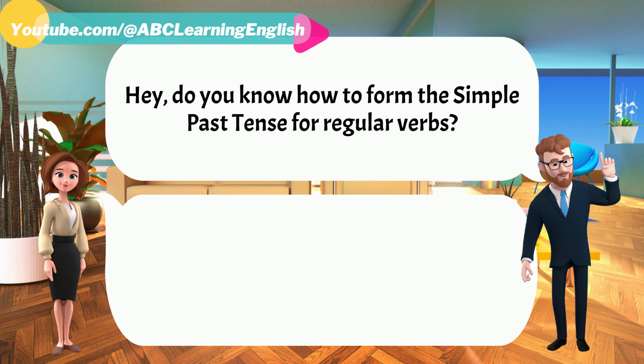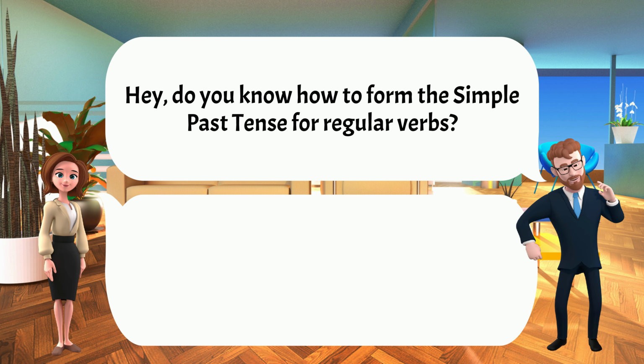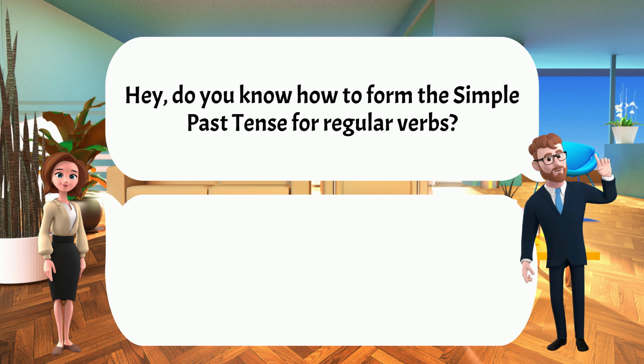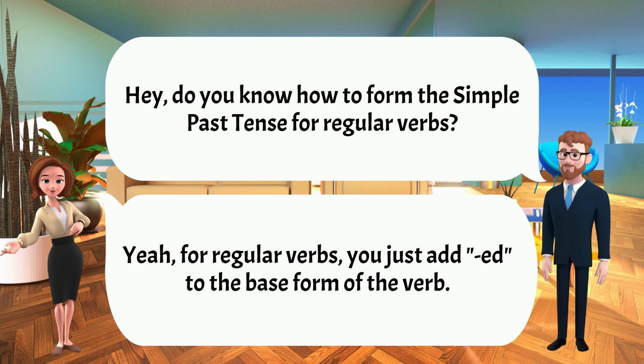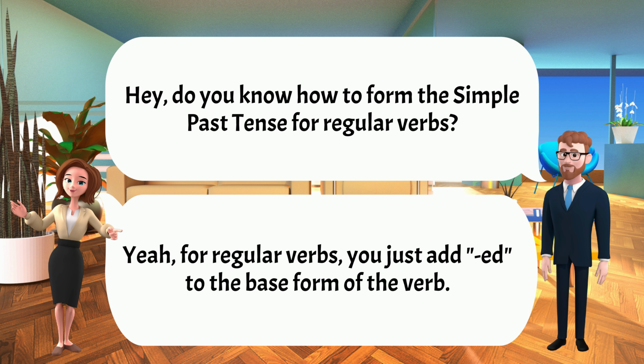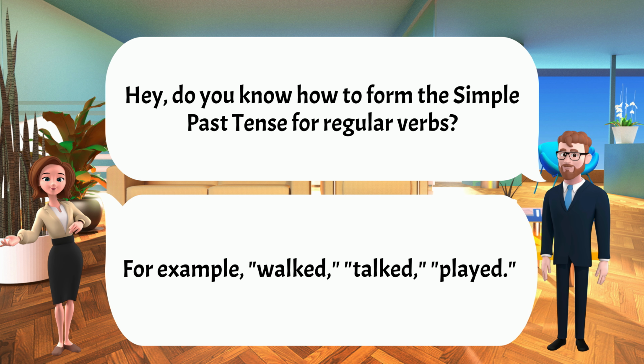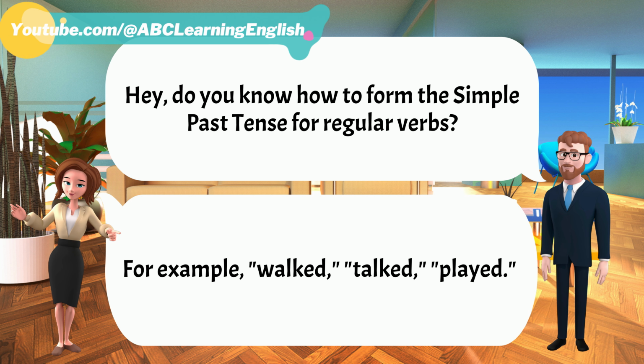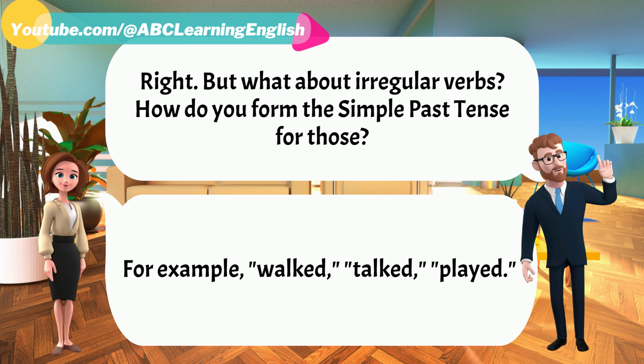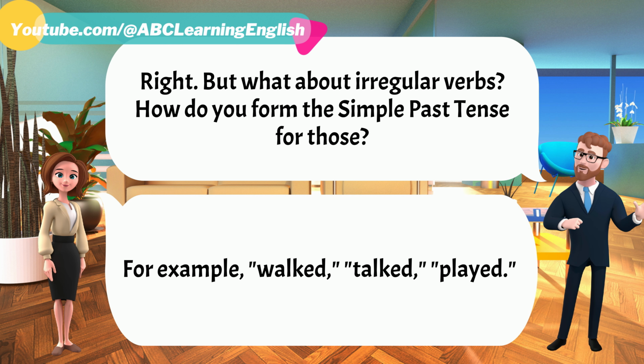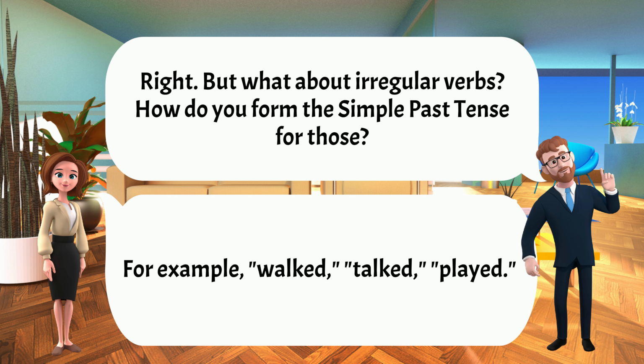Hey, do you know how to form the simple past tense for regular verbs? Yeah, for regular verbs, you just add ed to the base form of the verb. For example, walked, talked, played. Right. But what about irregular verbs?